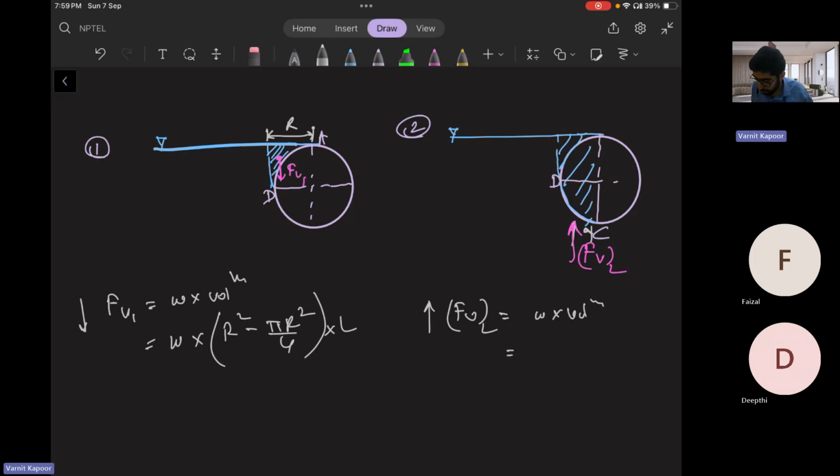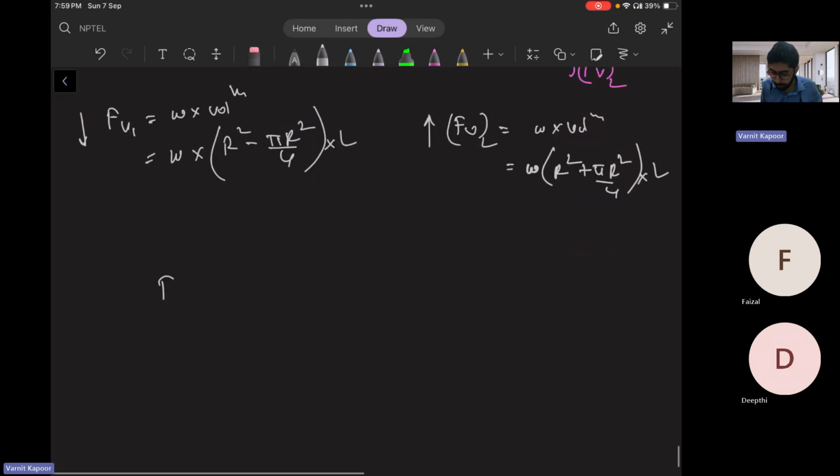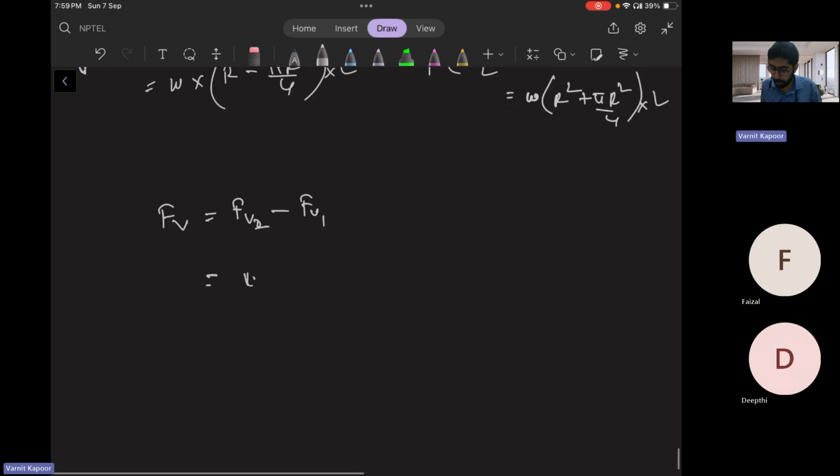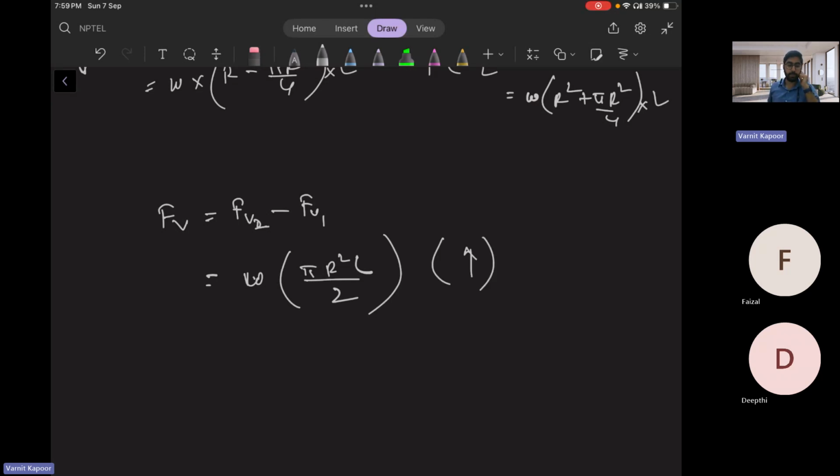That will be W into R square plus pi R square by 4 into, so your net force will be FV2 minus FV1. That will be coming out to be W into pi R square L by 2, and this is in upward direction. So this is the net buoyancy force. Okay, net buoyancy force. And similarly, you can take a cylinder with 2 different fluids.